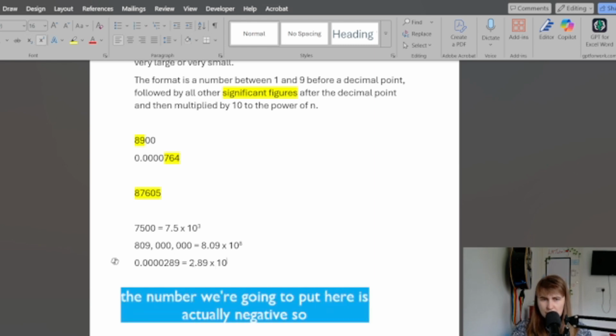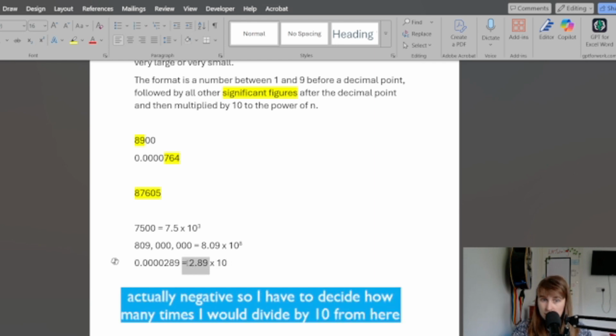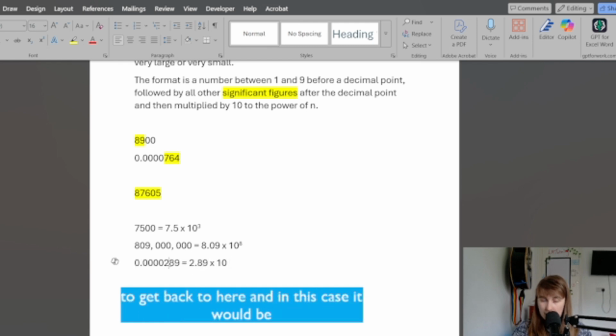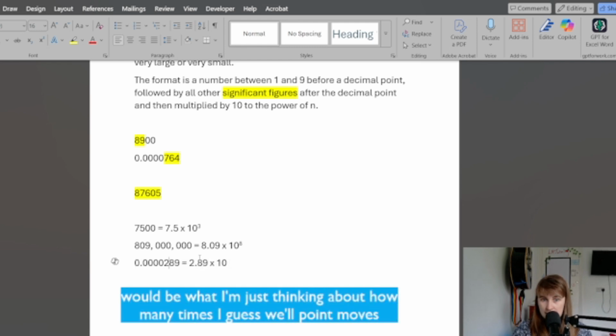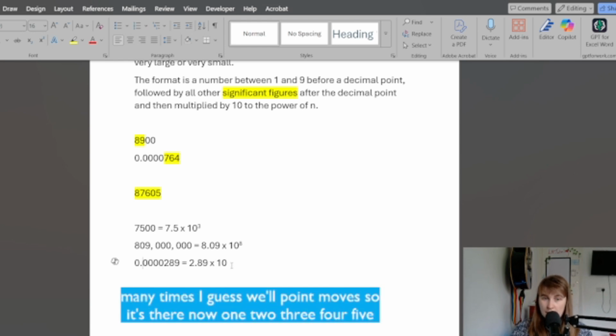I have to decide how many times I would divide by 10 to get back to here. I'm just thinking about how many times my decimal point moves. So say it's there now, 1, 2, 3, 4, 5. So therefore, my power is negative 5.